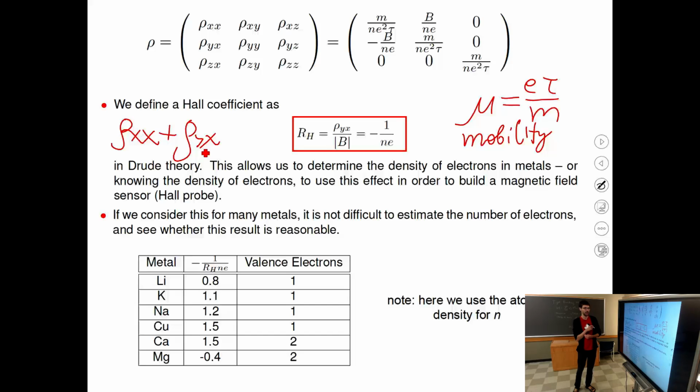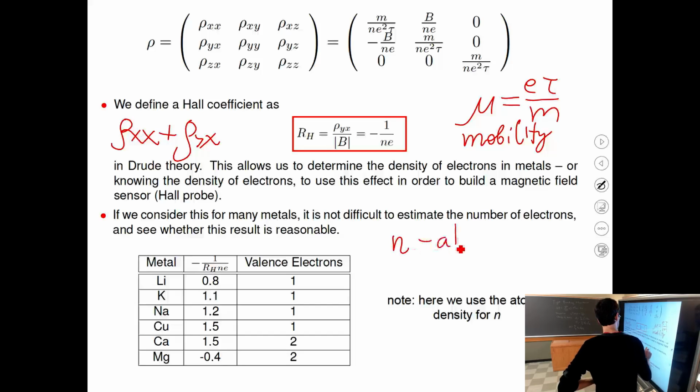Now let's see how this theory does when applied to real materials. Let's have a look at this table here. What this table shows is Hall coefficients written in this form, which makes a couple of assumptions. So n that is here in this table is atomic density.